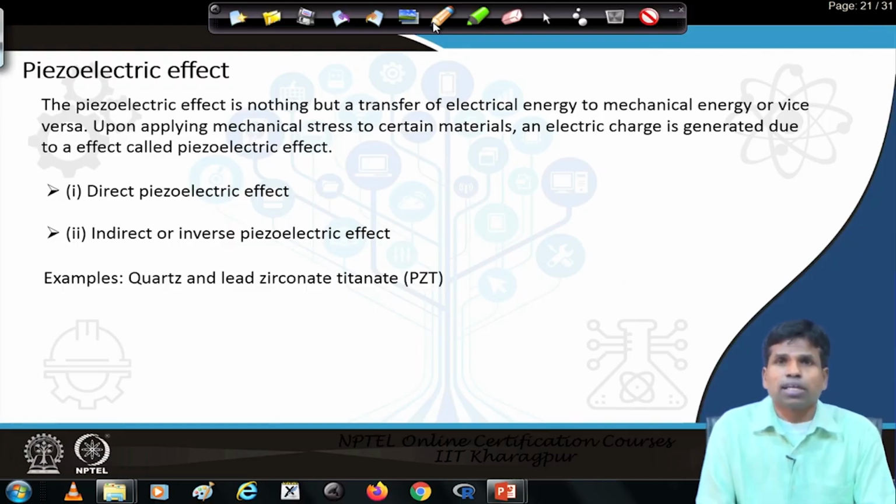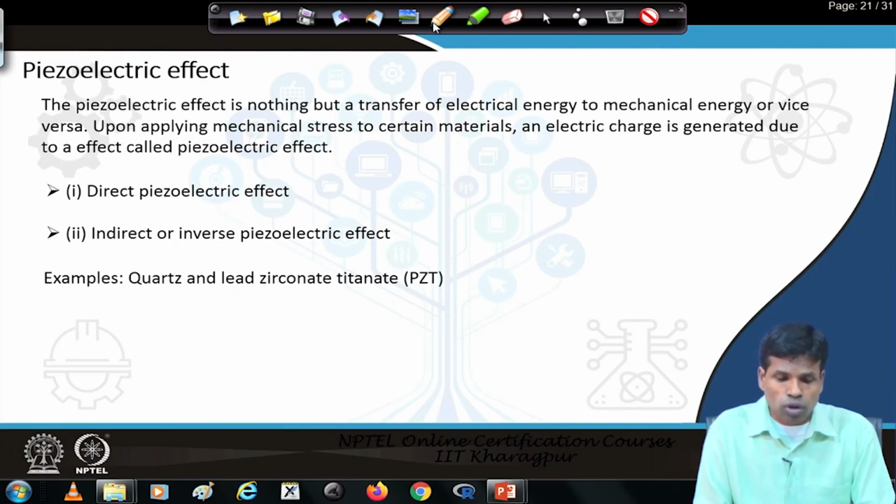This engineering material, PZT, is poled to impart the piezoelectric effect. I will say what poling is and how poling is done.